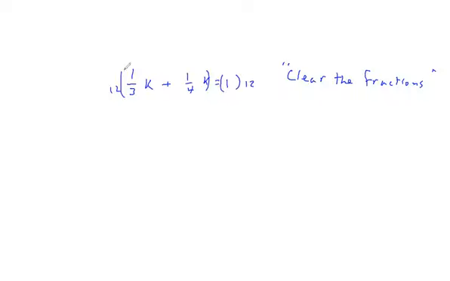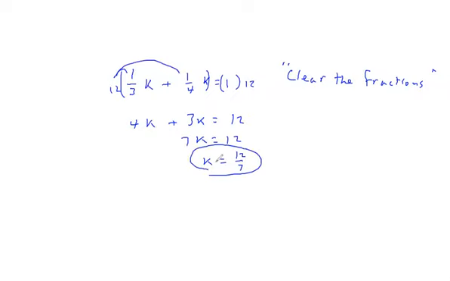And when you do that, you can see 12 goes into here, so I get 12 thirds k, which is 4k. 12 goes in here, I get 12 fourths k, which is 3k. And 1 times 12 is 12, so I have 7k equals 12. k equals 12 sevenths. And we're done.